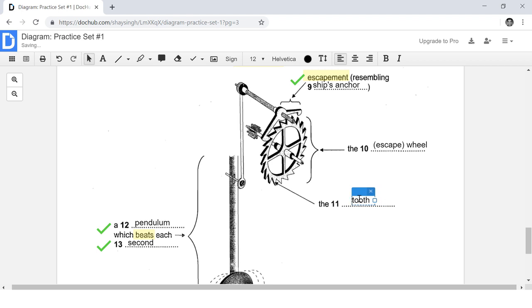The same thing is true for number 10. If there is a certain word that already appears before the blank line, such as the or then, don't write that in the answer choice. That's going to make your answer wrong. So only put the relevant answer, the correct answer, and don't put extra words that don't belong.